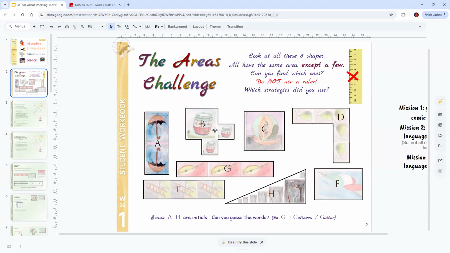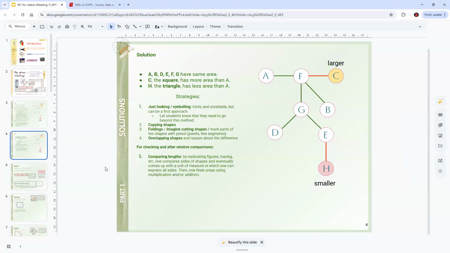Then they can use the area formulas for rectangles, triangles, or these shapes just to check that what they did is correct. However, have students do this only after they use these other strategies. It's important that we leave this only to the end of the activity, if they have time.